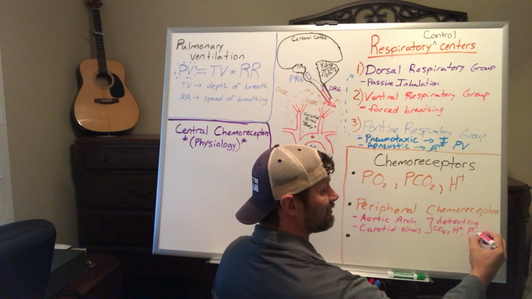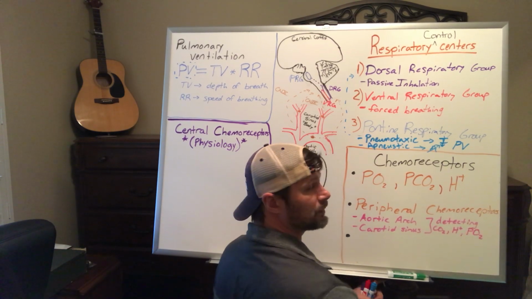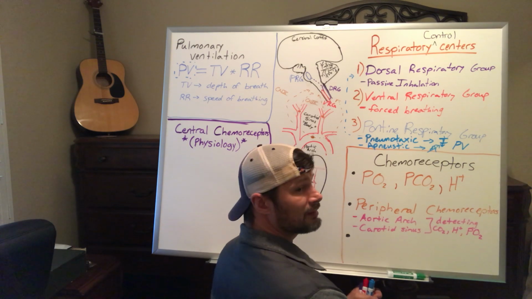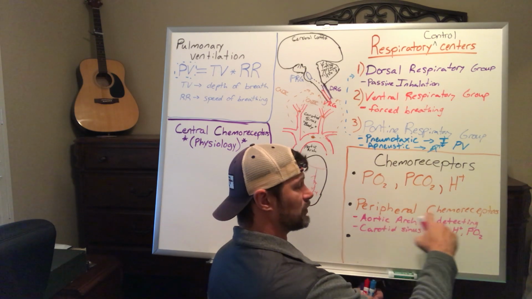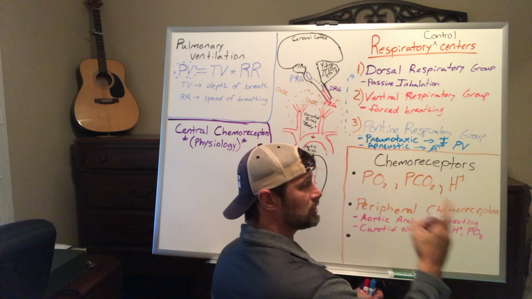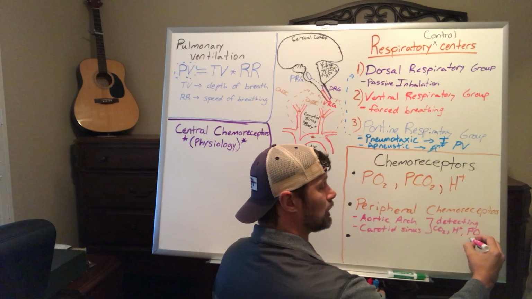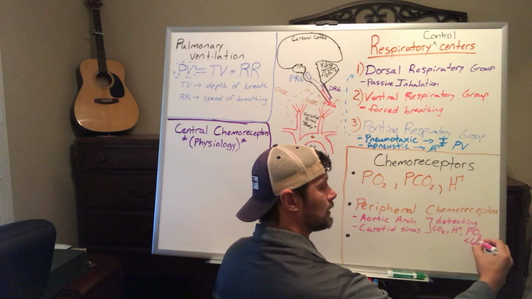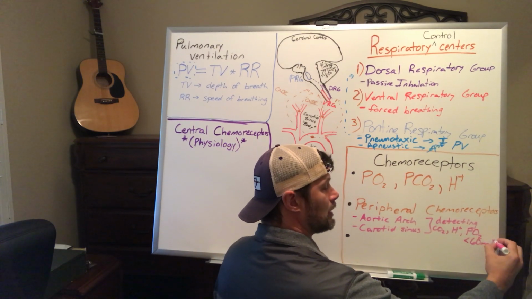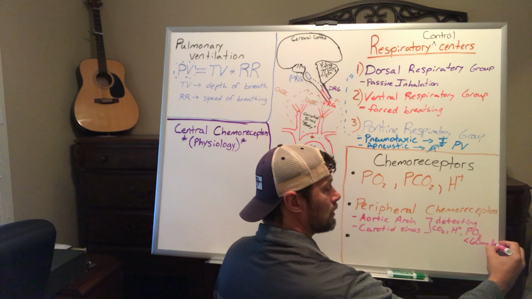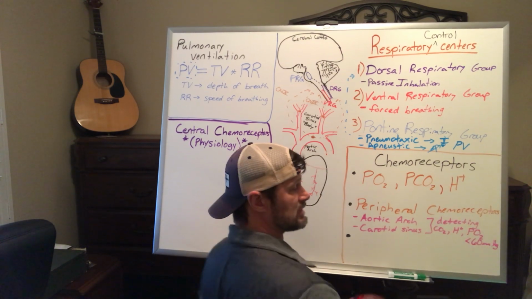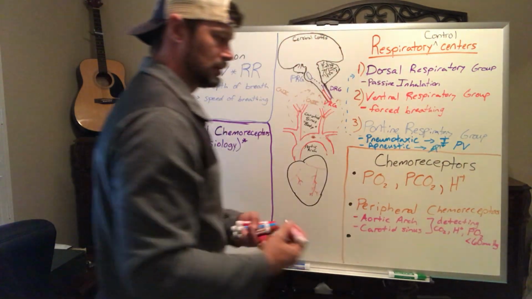But they're trying to detect a very specific partial pressure of oxygen. These peripheral chemoreceptors for oxygen are only activated if the partial pressure of oxygen drops below 60 millimeters of mercury. And by now, we're in a pretty severe state of hypoxia.